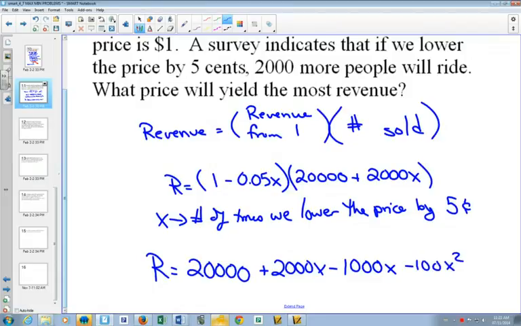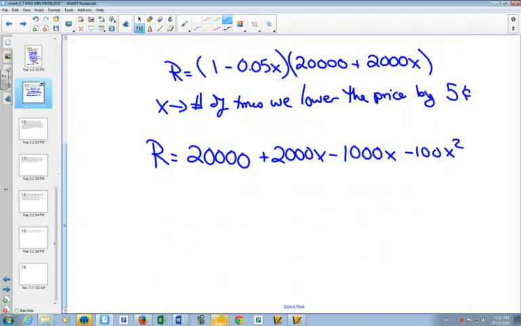Is that correct? 0.05 times 20,000? Yes. Okay, good. So rewriting it in the right order, we would have that. And now we complete the square, factor out the negative 100.